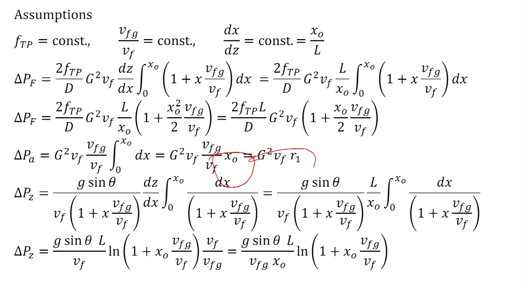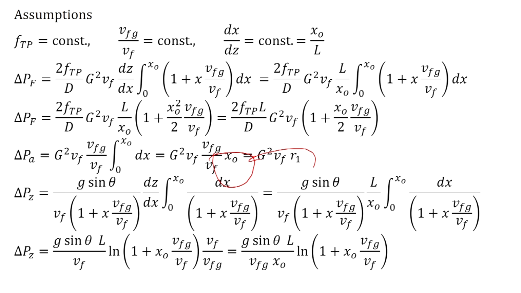Therefore, the quality varies linearly over the length. So, we substitute in the expressions. dz by dx will be equal to the reciprocal of dx by dz, and it will be L upon x naught.